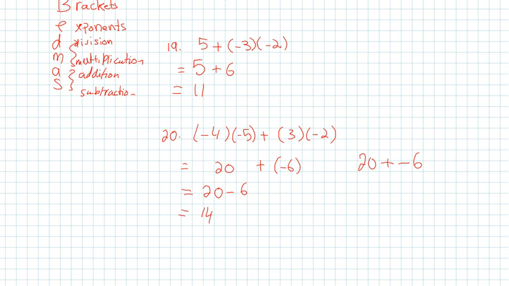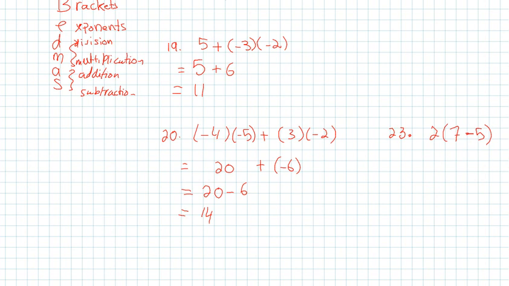I want to do one more example, and that would be number 23, for example, and I'll let you guys work out the rest. This is 2 times bracket 7 minus 5. So what do I have to do first?